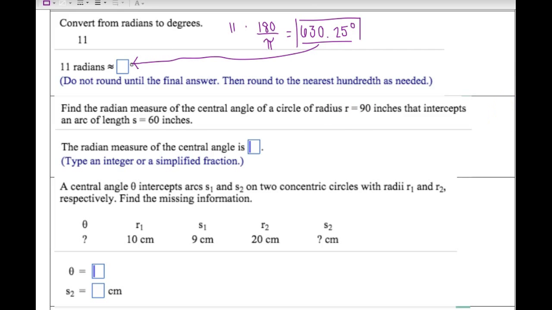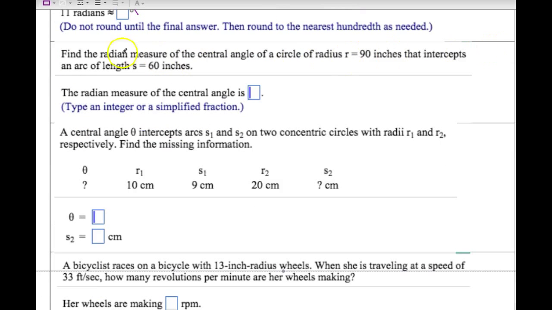Okay. Find the radian measure of the central angle of a circle of radius r equals 90 inches that intercepts an arc of length s equals 60 inches. For this one, we're going to want to use that formula, s equals r theta. Then we just plug everything in. We've got s equals 60, r equals 90.